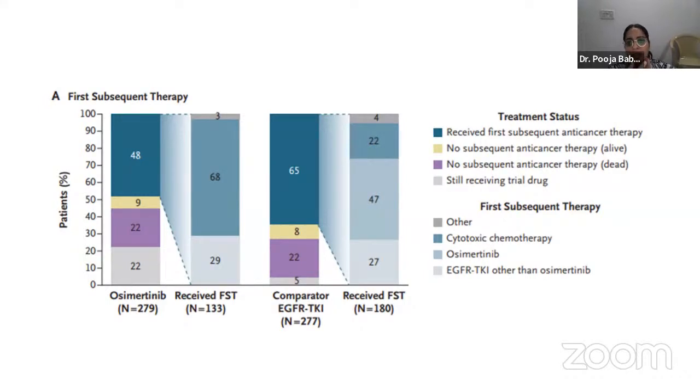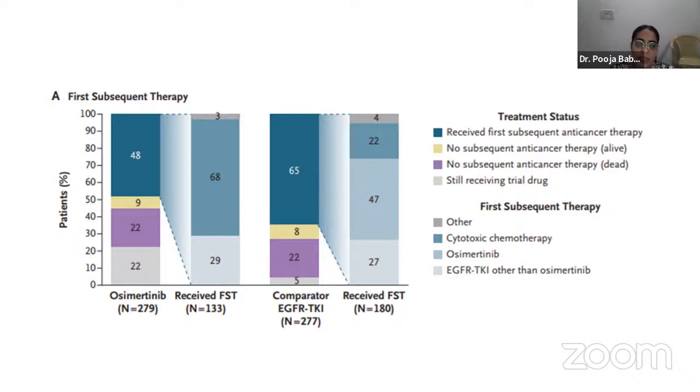Especially in the FLAURA trial, patients on the first line TKI arm were allowed crossover when there was resistance and the T790M mutation was detected. Despite crossover, there was an apparent benefit in both PFS and OS.